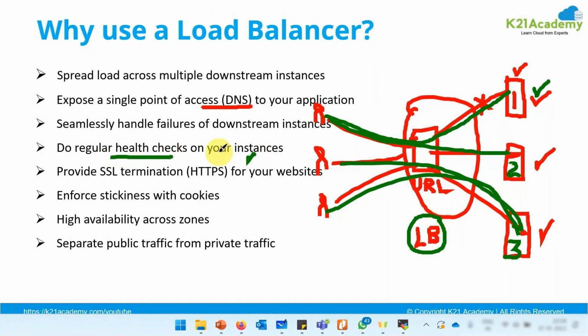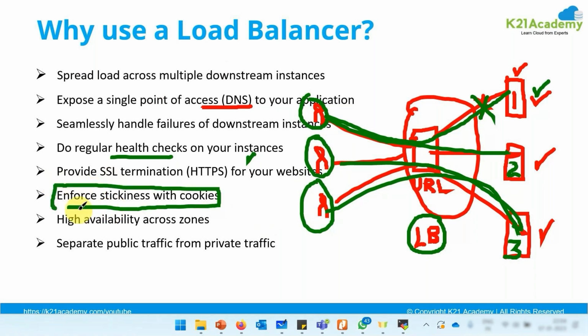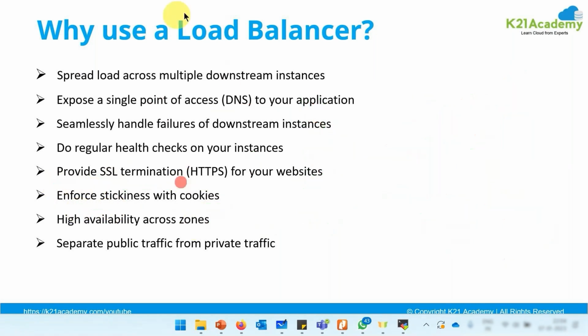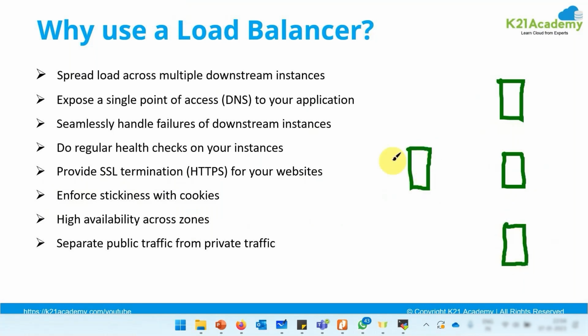If the health check fails, the load balancer will stop sending requests to the server so that the client is not impacted. The load balancer can even enforce stickiness. What usually happens is, if you have three servers and thousands of users are coming to your website, the load balancer will distribute the traffic between these three servers.